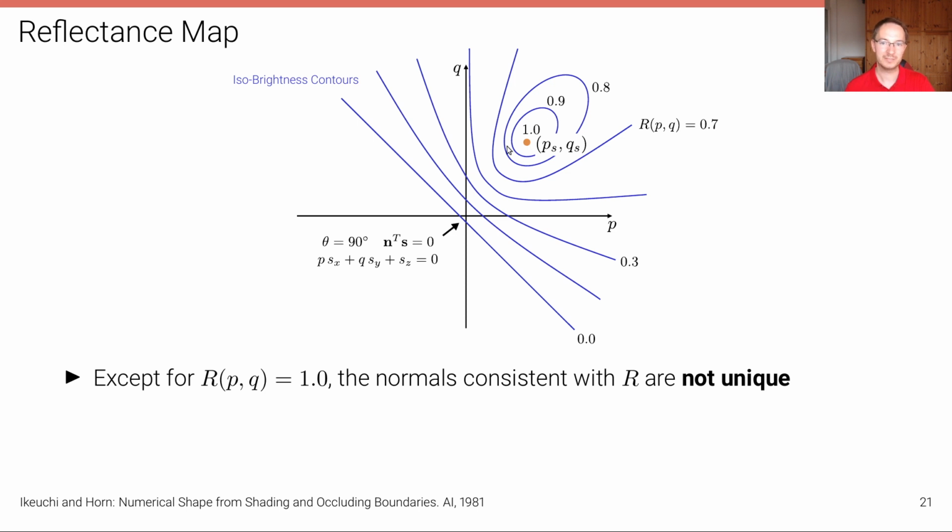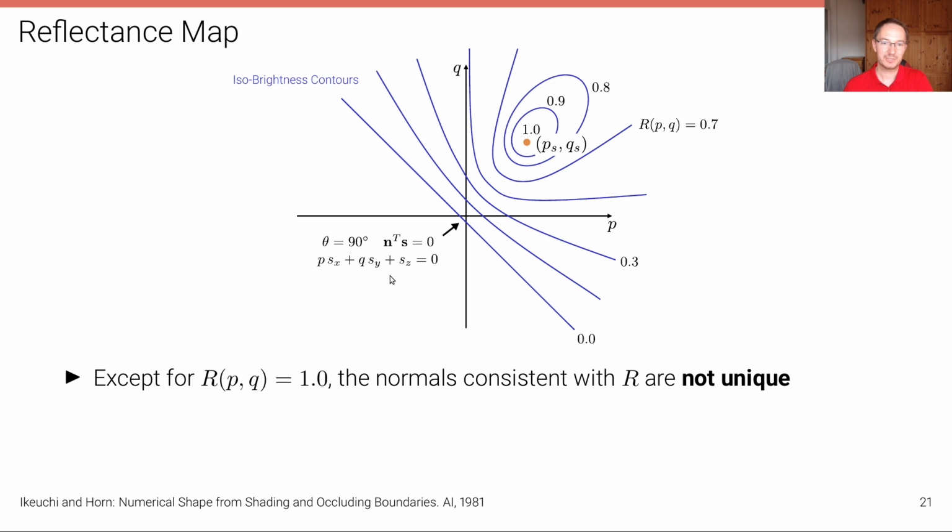But in all other cases, for all other reflectance values, and in practice, of course, we also have noise, sensor noise, etc. to deal with, we have a set of solutions that lies on a curve, on an isobrightness contour. That's a conic section.